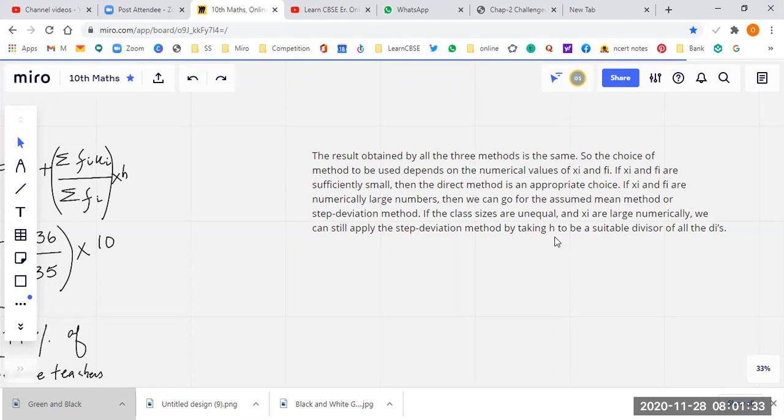So h, you cannot, h is different in all the class sizes. So h will be any suitable divisor of all the di's. What is di? xi minus assumed mean. So any suitable divisor that you can take as h, 10, 20, 15, 5, 20, 30, whatever it is, and you will get the answer.